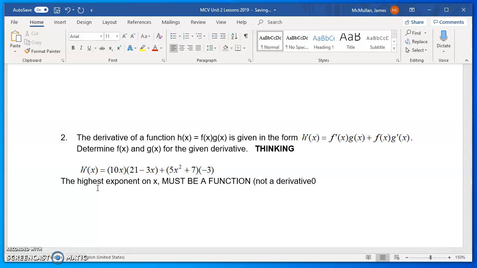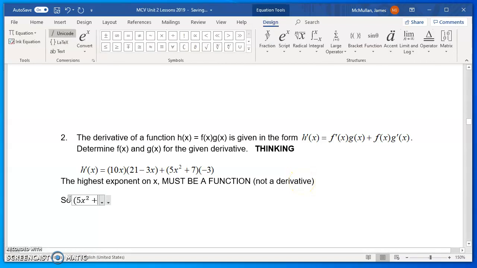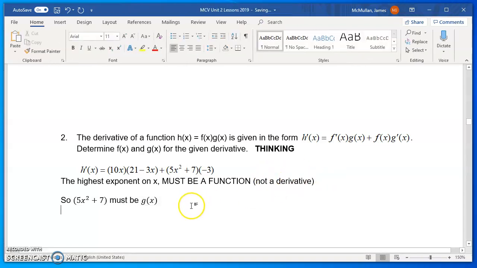Because we know that when you take the derivative, the power on x goes down by 1. So in our case, 5x squared plus 7 must be g of x. Again, you could call it f or g, it really doesn't make a difference, but I'm going to call it g.